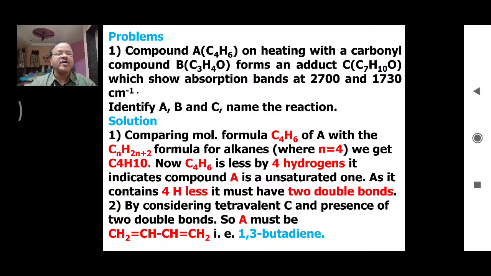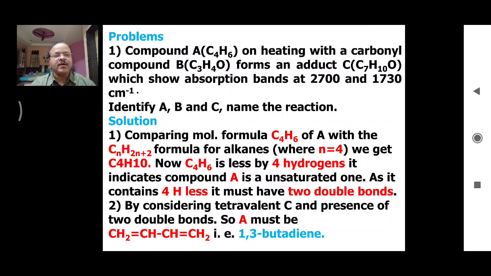Now compound C shows IR absorption bands at 2700 inverse centimeter and 1730 inverse centimeter. We have to identify compound A, B and C, and name the reaction on which this problem is based. Now let us come to the solution of this problem.